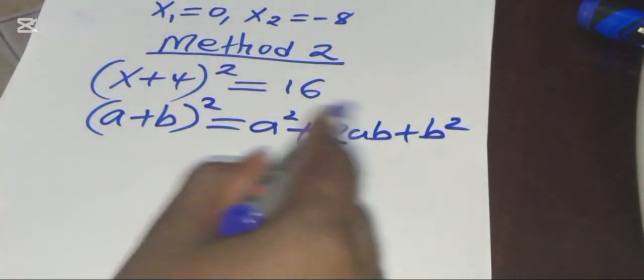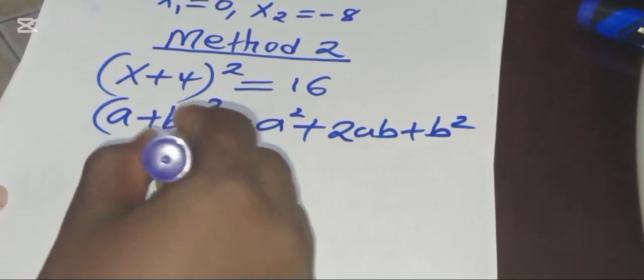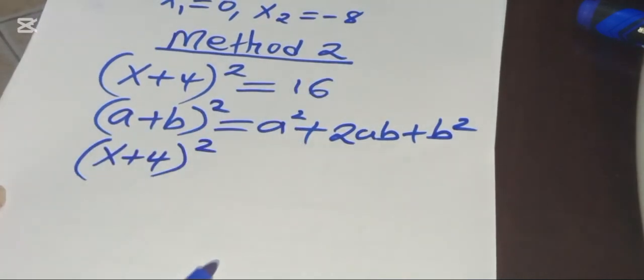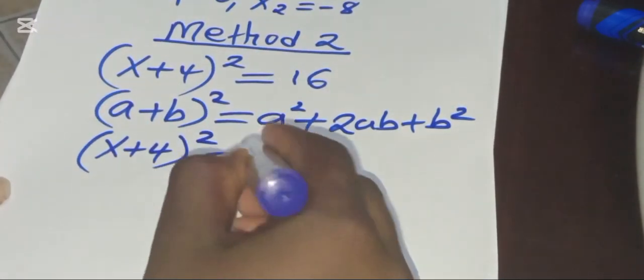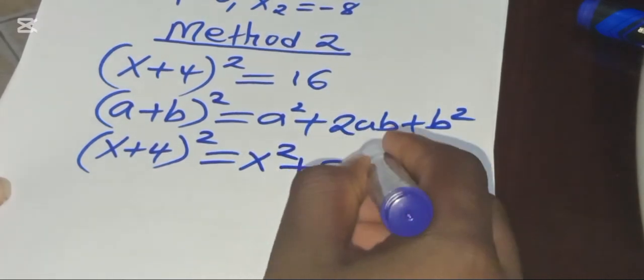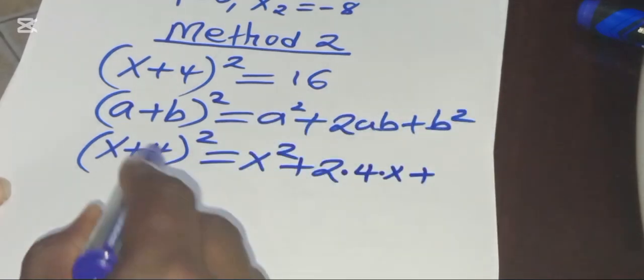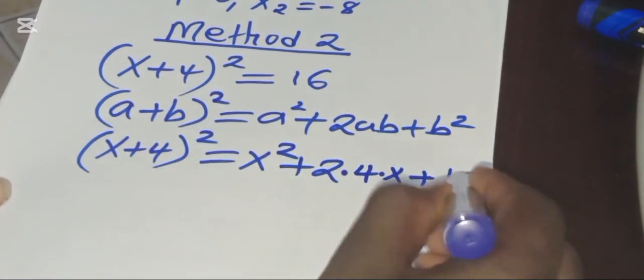Applying this algebraic identity, a^2 + 2ab + b^2, we'll have x^2 + 2 multiplied by 4 multiplied by x + 4^2, which is equal to 16.